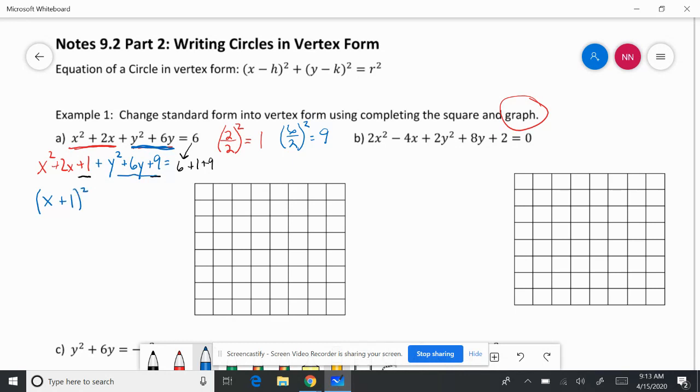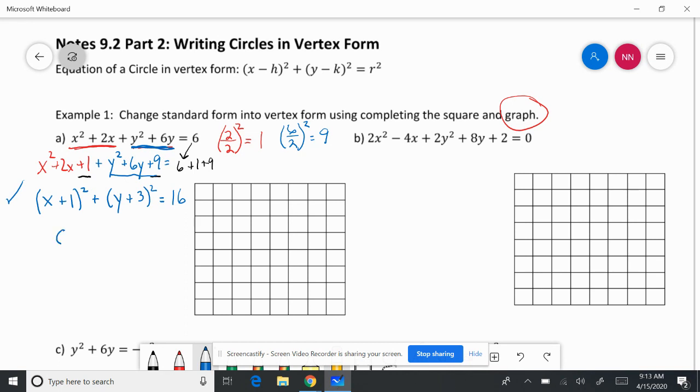For the trinomial here, we have y plus 3 squared. And then when we add the numbers on the right side of the equation, what we have is 16. This right here is vertex form.